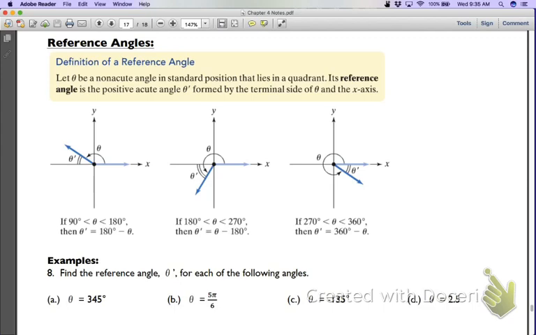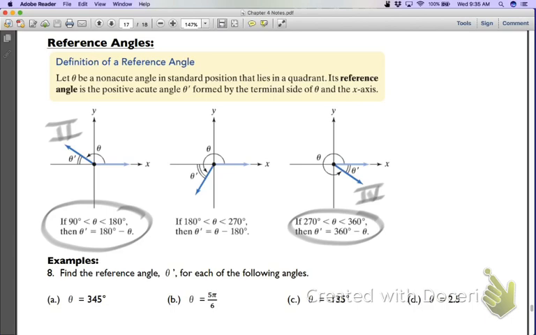If you notice below where it talks about the reference angle and you have the various graphs, in quadrant 2 and quadrant 4, we're going to take 180 or 360 and subtract our original angle to find our reference angle.